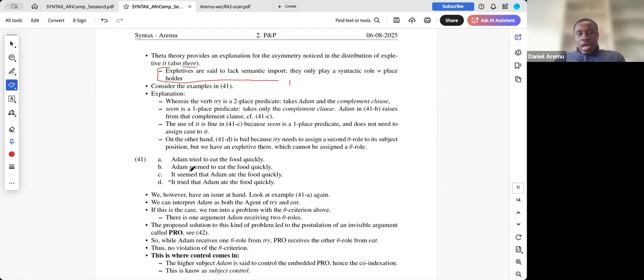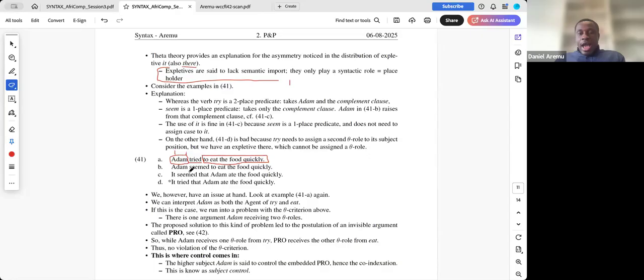Now, we know that the verb try, to try, is a two-place predicate. And how do we know? Because it takes two arguments. And this is interesting with what I said earlier. Remember I said that we must not constrain the term argument to just noun phrases. Because now, try takes one argument, which is Adam, which is a noun phrase, but then it also takes a non-finite clause as the second argument.